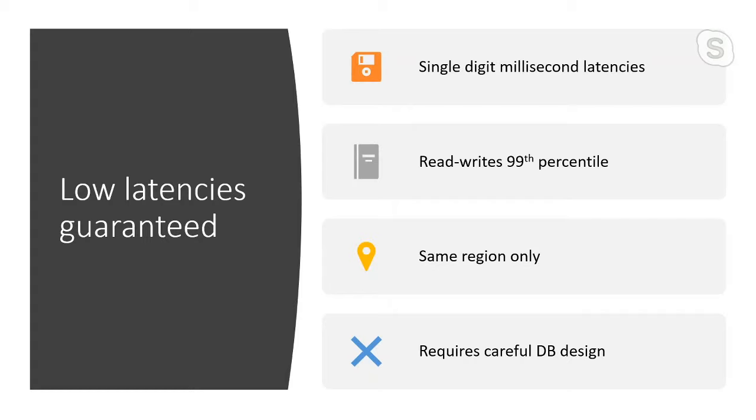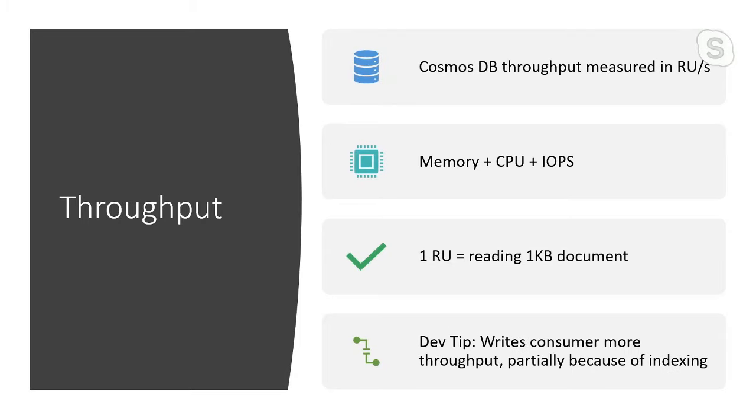Now, if you were to host your application in the East US region, and your Cosmos was hosted near Sydney, which is in Australia, then it would be more than single-digit millisecond latency. So you have to be careful about where you host the application that consumes your Cosmos. This is helped by the fact that Cosmos is distributed throughout the world.